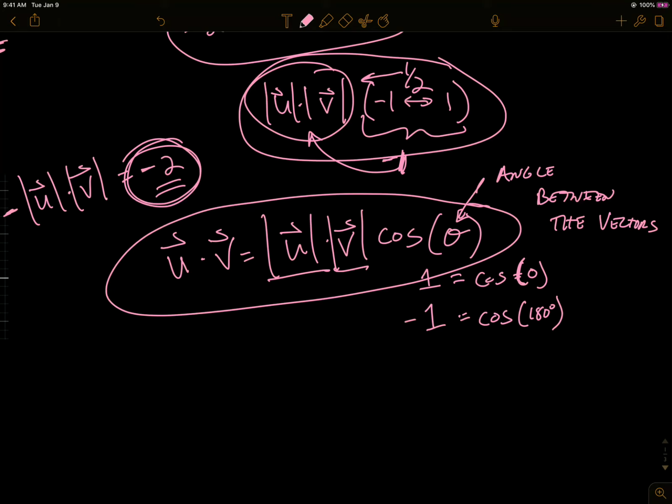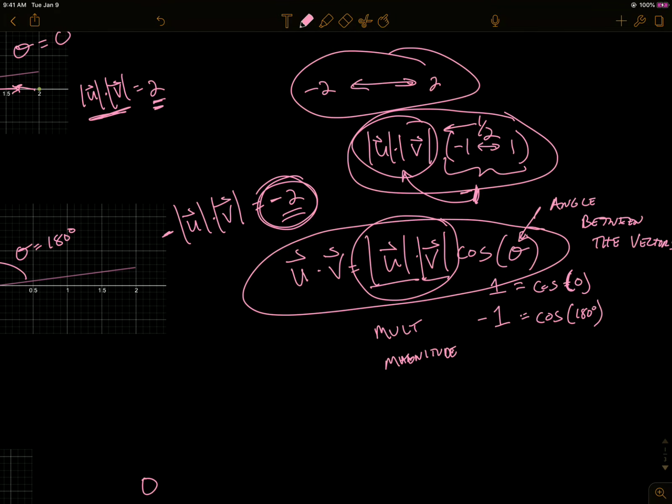So magnitude of u times magnitude of v. Since we're doing multiplication here, we're multiplying the magnitudes, but then we have to adjust for what direction the vectors are going. If they're going in the same direction, we'll have our biggest possible product, and if they're going in opposite directions, we'll have our smallest possible product.